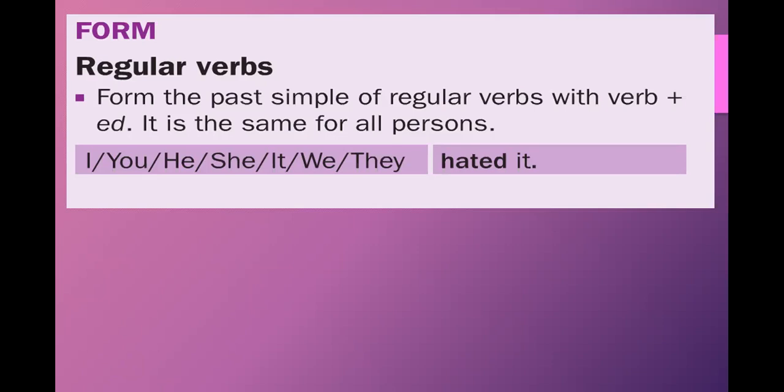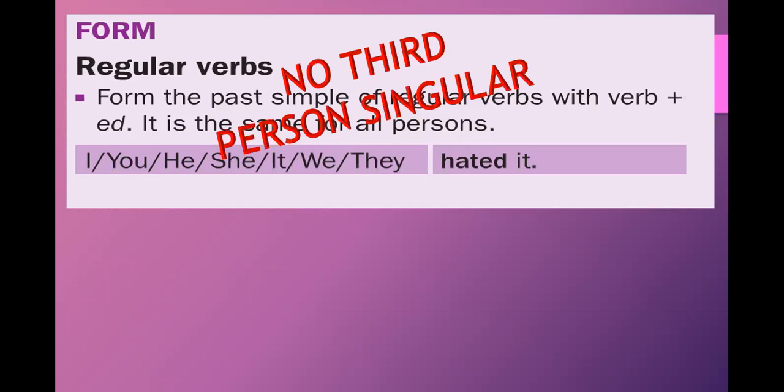It's the same for all persons. There is no change. And if the verb is regular, we use ed, all right? No third person singular changes. Okay, in past tense, we have no changes for he, she, or it.